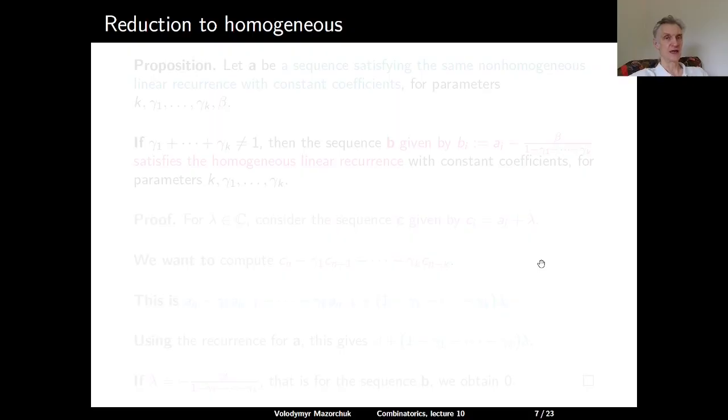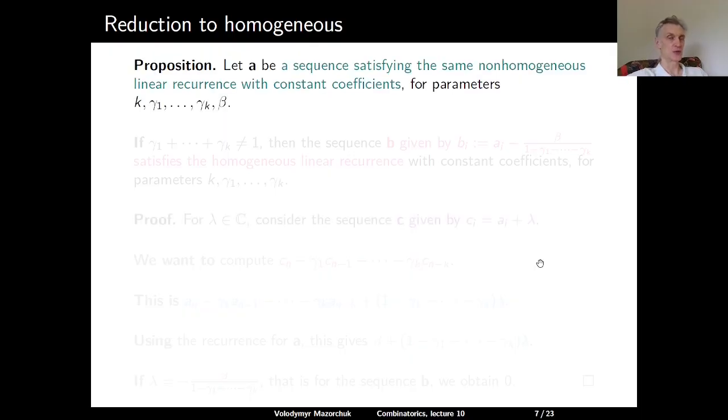Now there is a very nice trick that sometimes a non-homogeneous recurrence can be reduced to a homogeneous recurrence. Proposition. Let A be a sequence which satisfies the non-homogeneous linear recurrence with constant coefficients for parameters k, gamma 1, and so on, gamma k, beta.